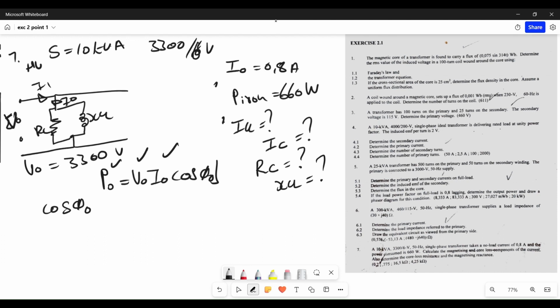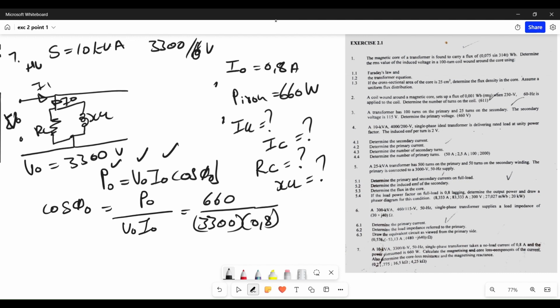Cos phi 0 is equal to P0 over V0 I0, which is 660 over 3,300 times 0.8.